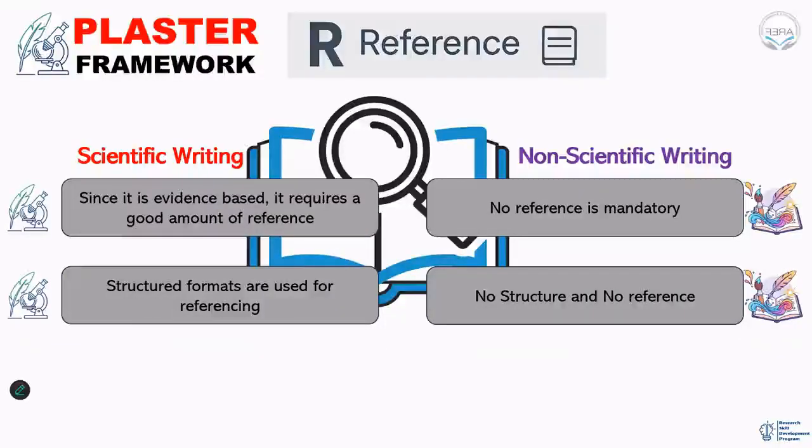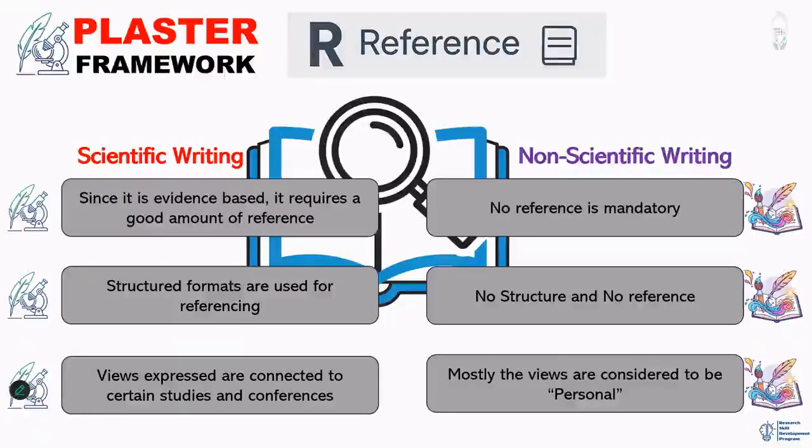Structured formats are used for referencing. We'll talk about various referencing styles and how referencing can be done maybe tomorrow. But scientific writing always carries referencing. Views expressed in your scientific writing are connected to certain studies and conferences. Anything you state is based on certain things.